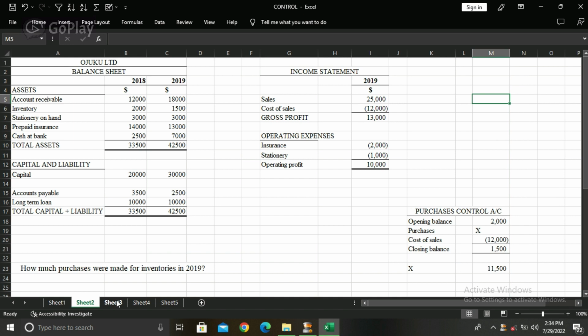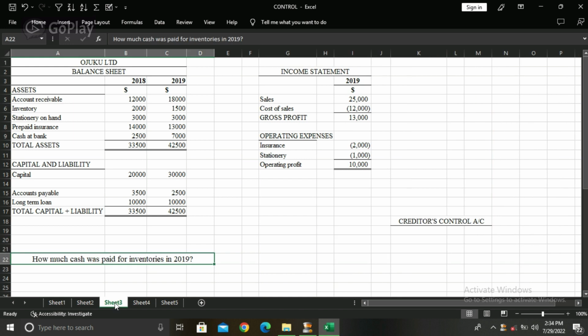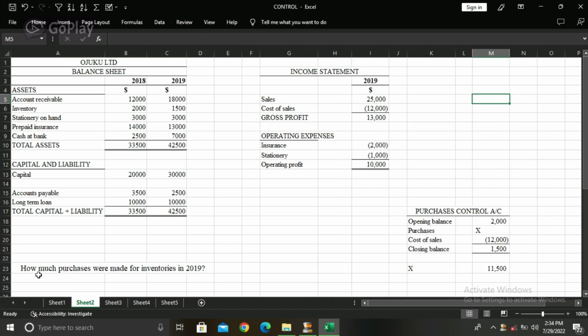Now, looking at another example of control account. On the third sheet, we are looking at how much cash was paid for inventories in 2019. Look at sheet 2. Sheet 2 is asking us to know how much purchases were made, not how much cash were paid.